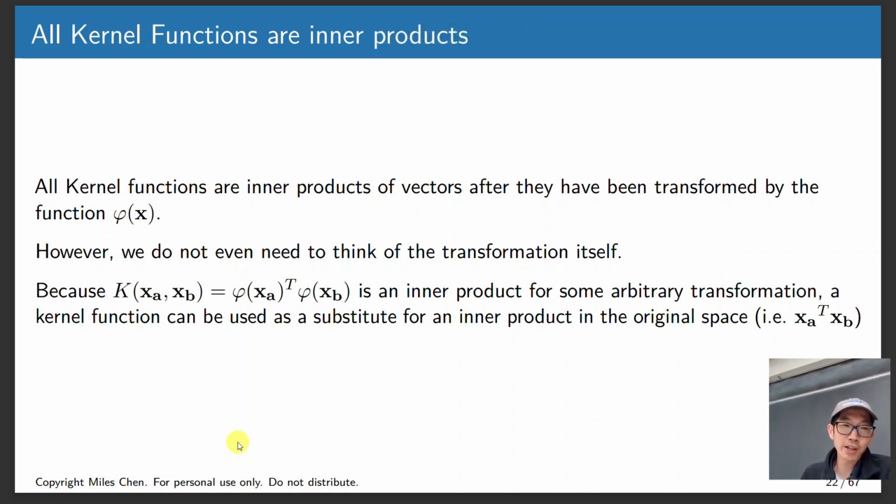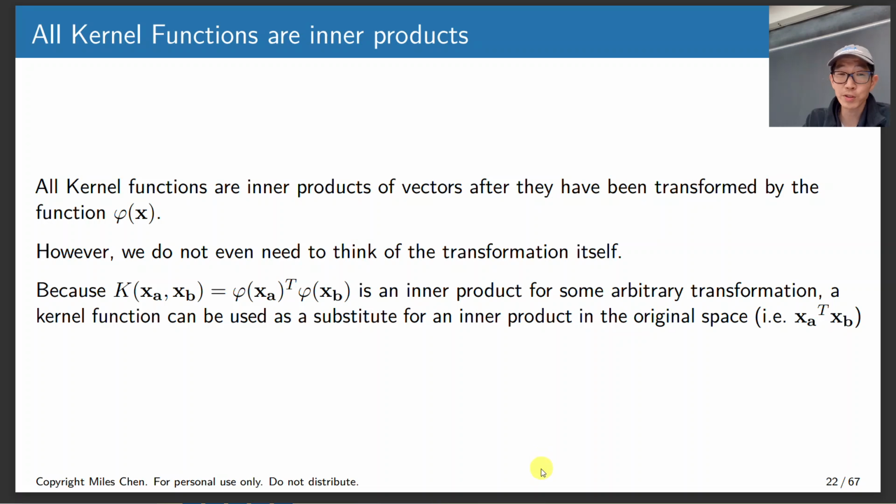Okay, so we say all kernel functions are inner products of vectors after they've been transformed by this transformation function phi. But the thing is you don't even need to know what that transformation function is. I think it is helpful to know what the transformation function is to learn and visualize how k-means clustering works with this kernel function being applied.